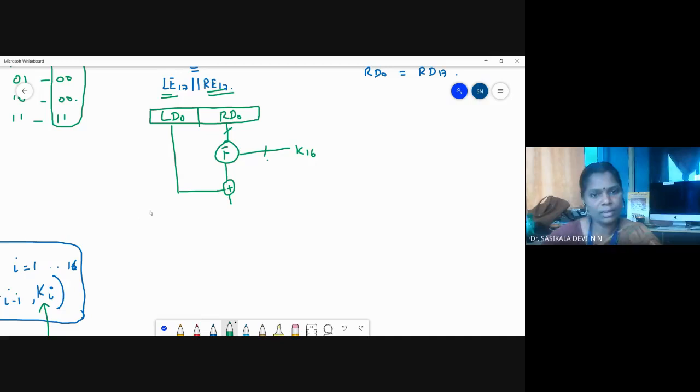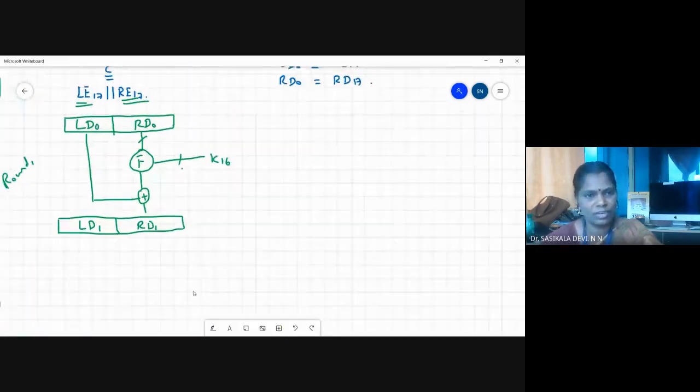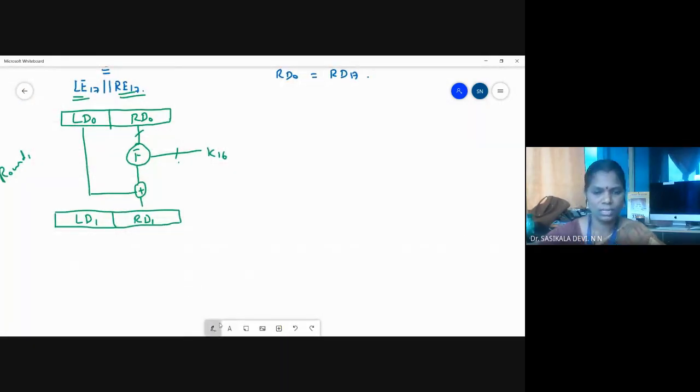Then finally it produces the output, which is round 1 of decryption. So the output is LD1 concatenated with RD1. This is the first round of the decryption process. Let's get into the equation for this. The equation I can write like this.